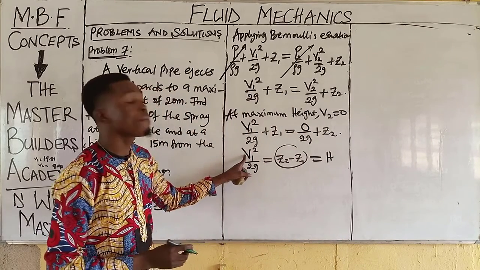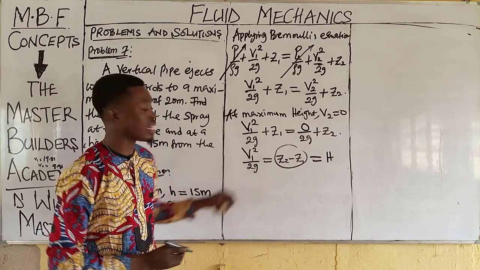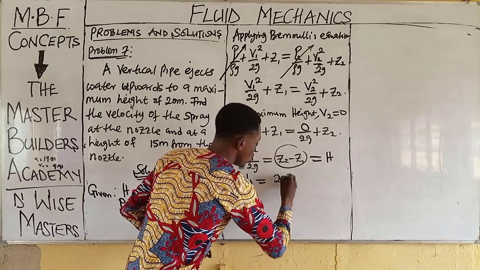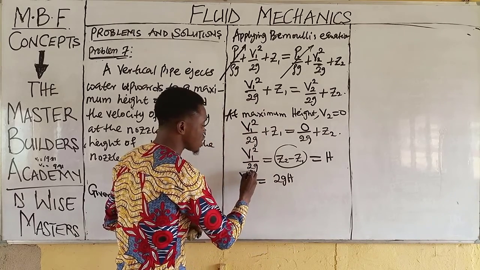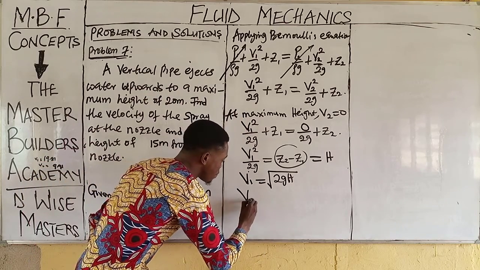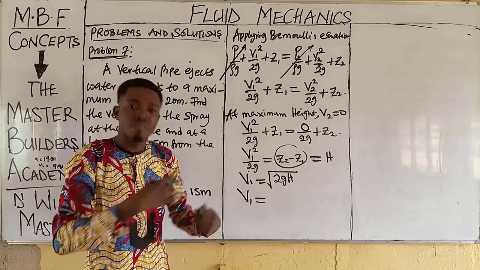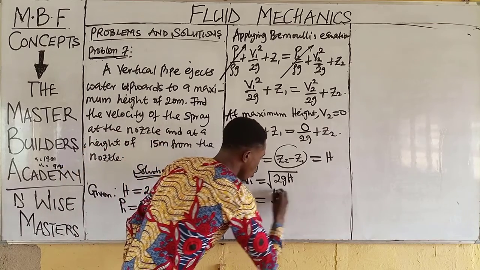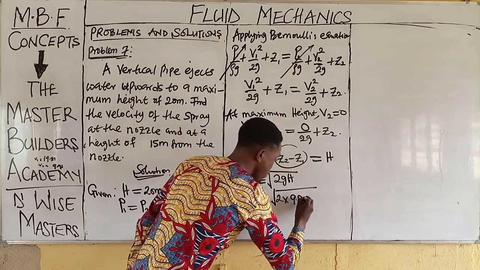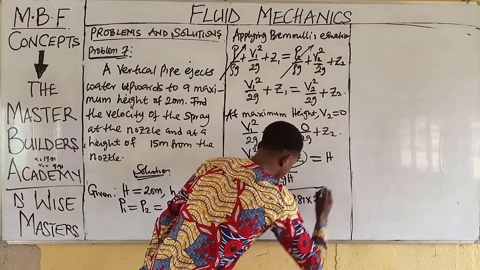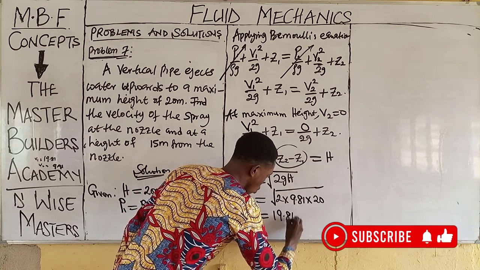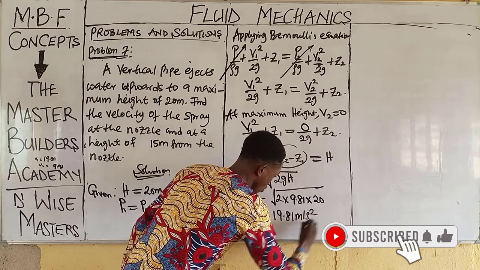We simply cross multiply and make V1 the subject of formula. We have V1 squared is equal to 2gh. Now this is V squared, so we quickly find the square root of both sides. Now, what is V1, which is the initial velocity? This gives us the square root of 2 multiplied by 9.81, acceleration due to gravity, then multiplied by 20. V1 is equal to 19.81 meters per second.